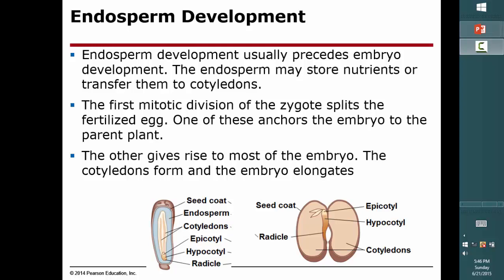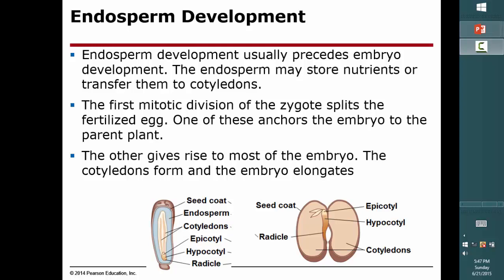Okay, remember that seeded plants are very different than seedless plants, and that the embryo is very dependent upon the parent plant in the early stages of its development. So really, we could say that seed plants are good parents, since they do so much to help increase the survival of their seeds.